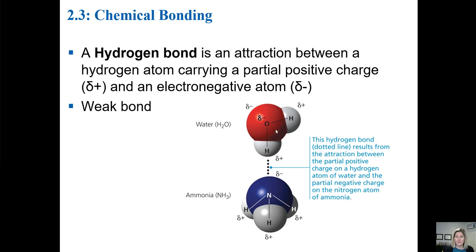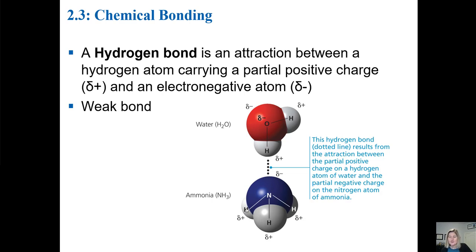So that polar covalent bond causes a partial negative charge on one side and a partial positive charge on the hydrogen side. That hydrogen is slightly positive, and it would kind of like to have some negativity near it, okay? So it's going to form a hydrogen bond with a nearby atom's partially negative side.